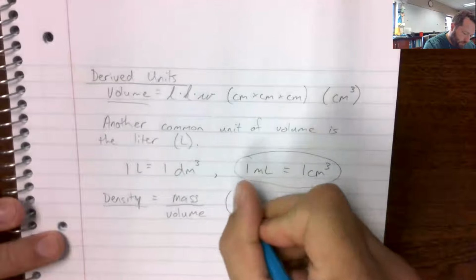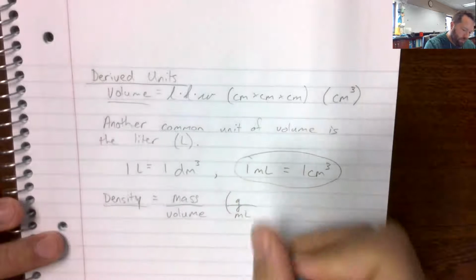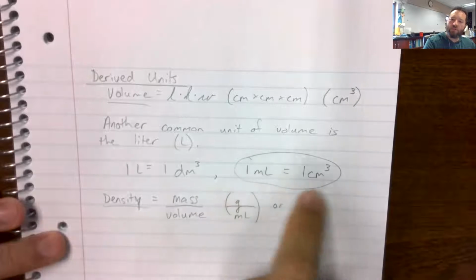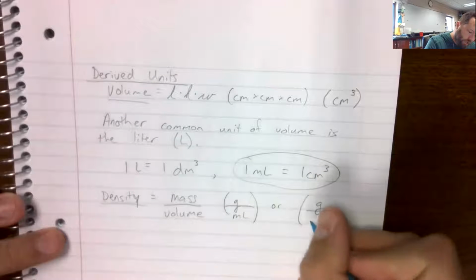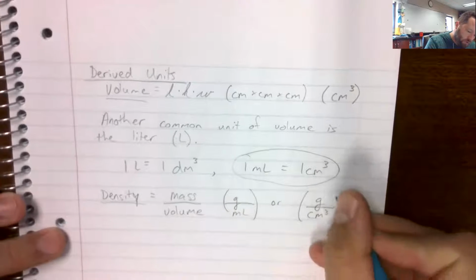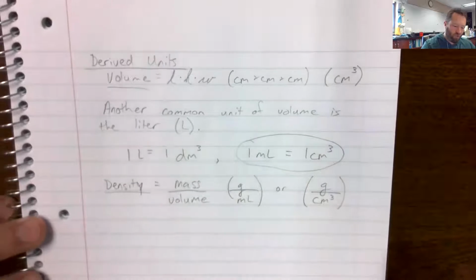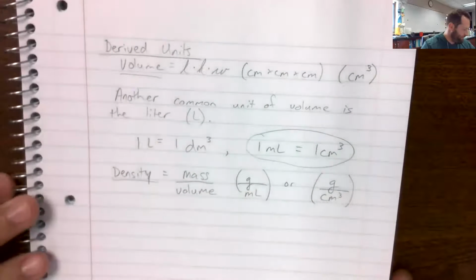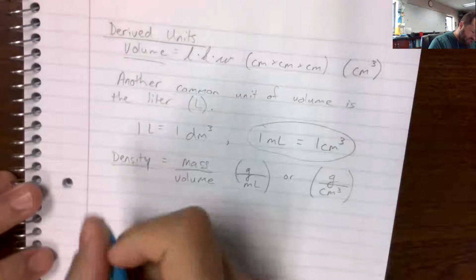The units, well, we measure mass in grams, and we measure volume in milliliters. Or, again, we just talked about this, 1 milliliter is 1 cubic centimeter. So it could be grams per milliliter, or it could be grams per cubic centimeter. So there's our two potential density units there. All right, let's take a quick look at how this works, setting up some example problems here.